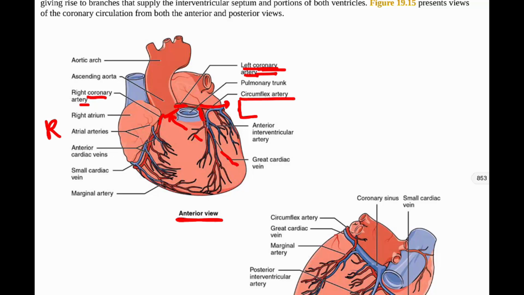And then down this way, this branch is our anterior interventricular artery. It goes through that interventricular sulcus down that way. So anterior, on the front part of the heart, interventricular, here's our right ventricle, left ventricle, between those two, artery.